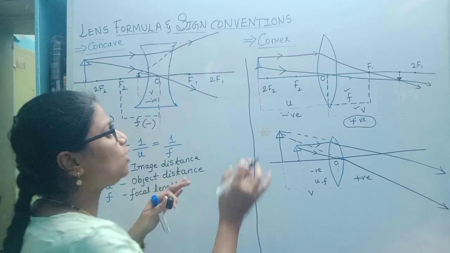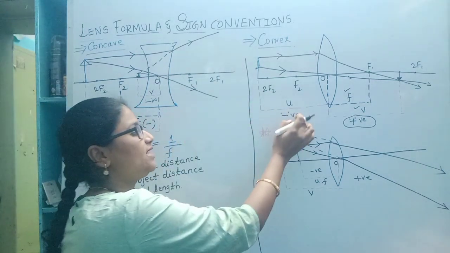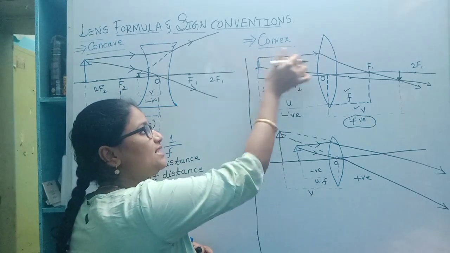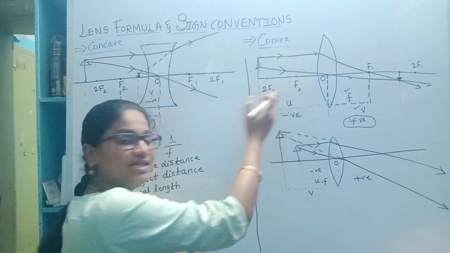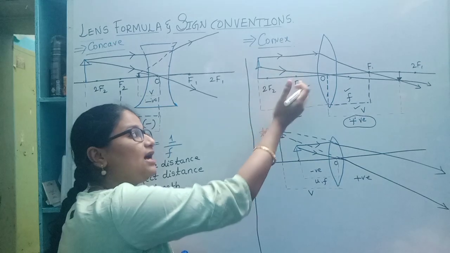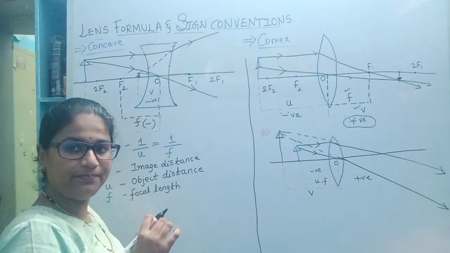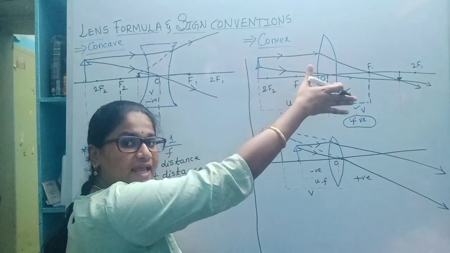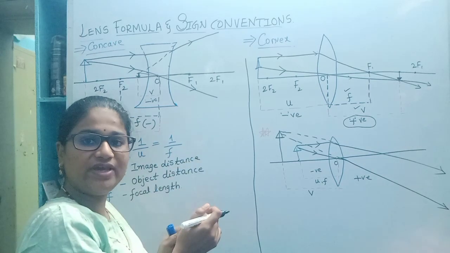And the distance which is against the direction of the incident ray, for example the object distance, is negative. The incident ray is going in this direction, but the object distance is against it, on the left side of the convex lens.